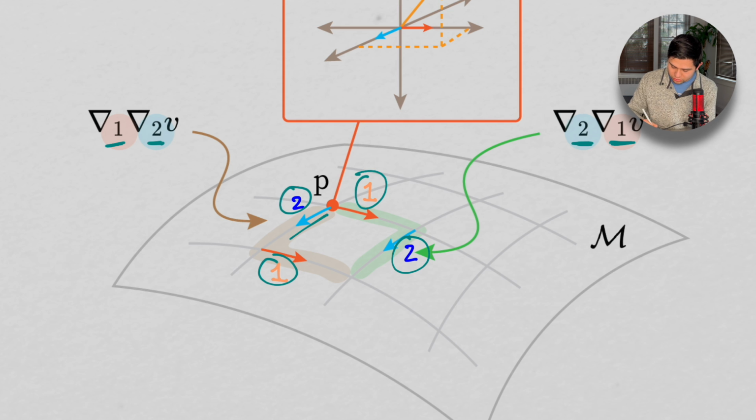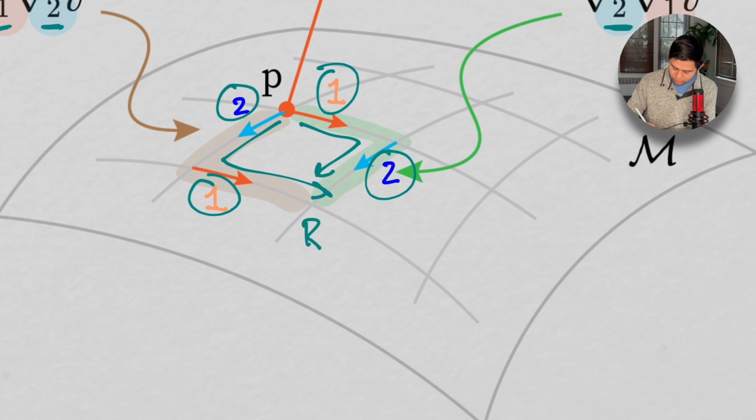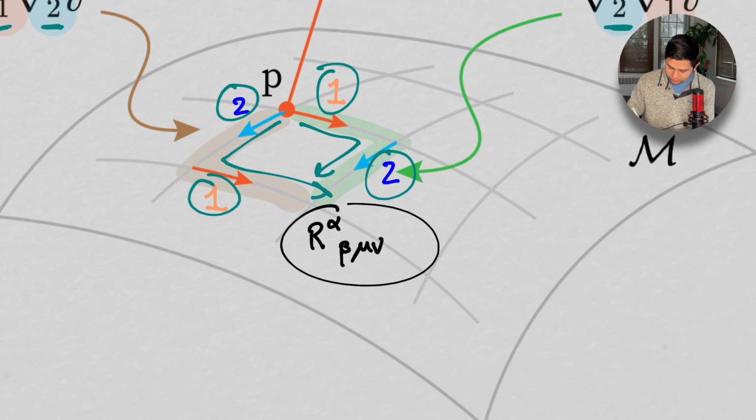So the difference between these two paths, if there is a difference, then, actually I want to do it like this, let's do this in black, R alpha beta mu nu is going to not be 0 if the two paths are different or yield different results.